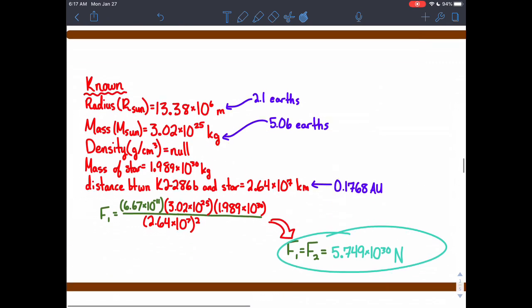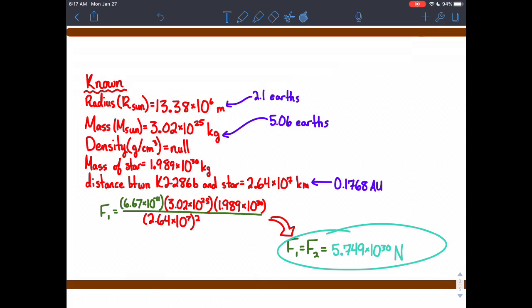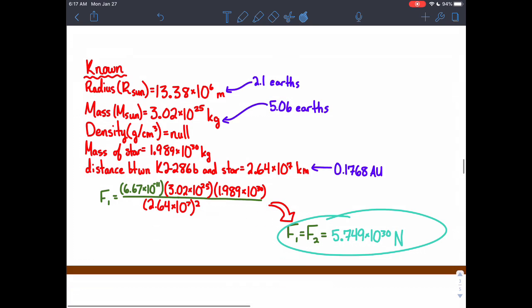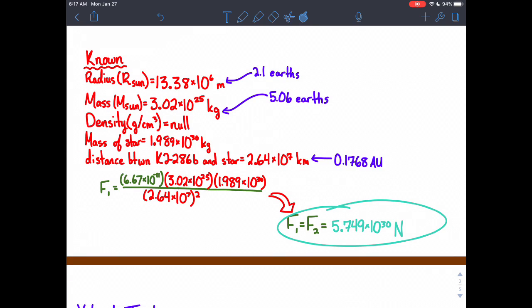Now, what is known is the radius of our planet that is given, and the mass, which I also had to derive from the website's equation, and the density was nothing, which doesn't really matter here. I do not know why I wrote it. And then the mass of the star, which we will be using in the equation, is 1.989 times 10 to the 30th kilograms.